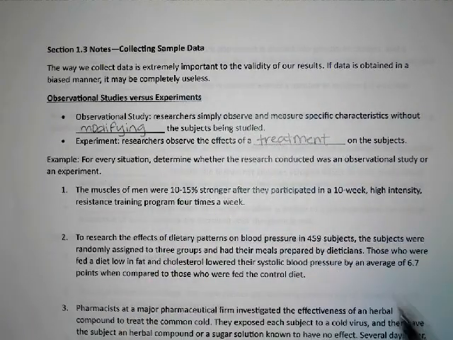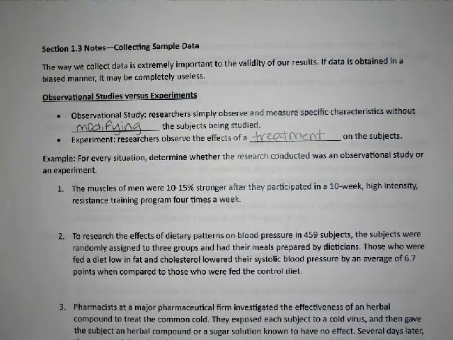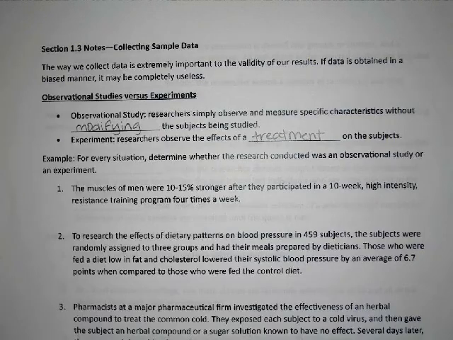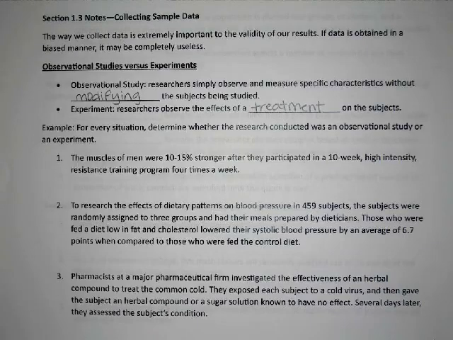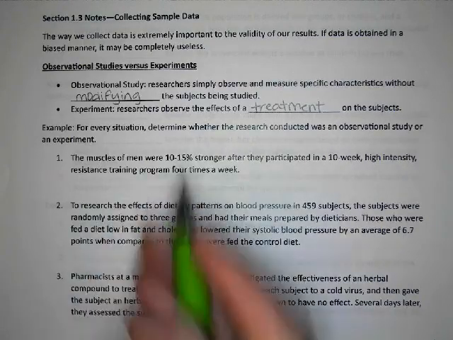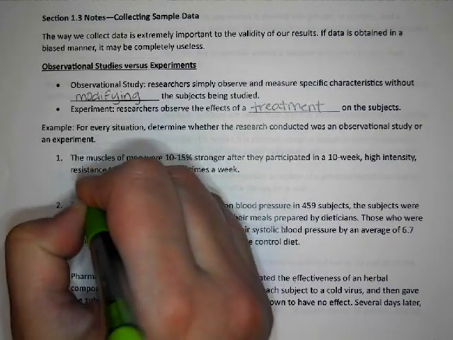So let's look at a few examples. For every situation, determine whether the research conducted was an observational study or an experiment. So first, the muscles of men were 10 to 15% stronger after they participated in a 10-week high-intensity resistance training program 4 times a week. So here, this would be an observational study.